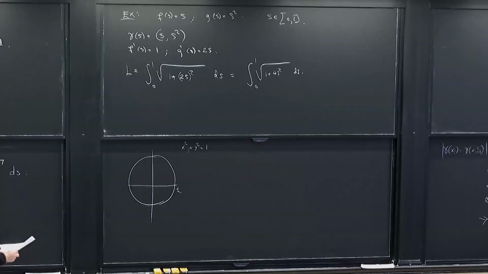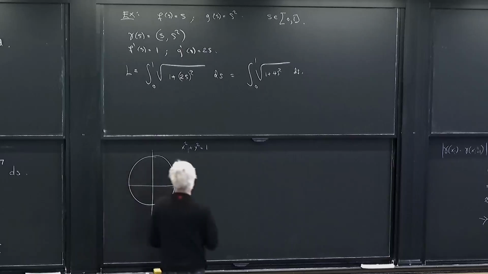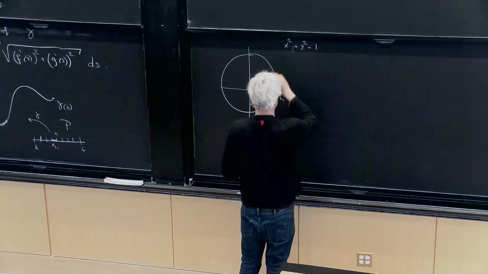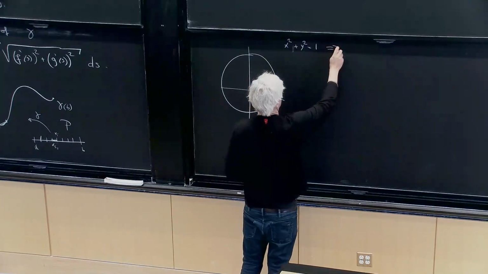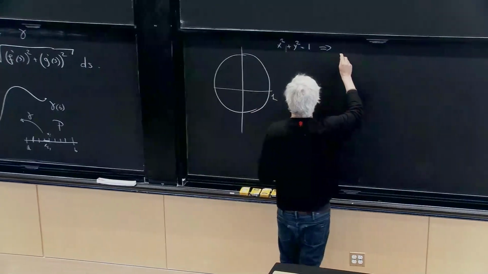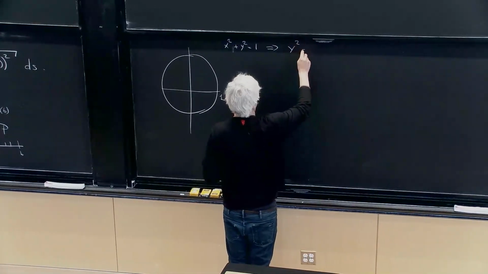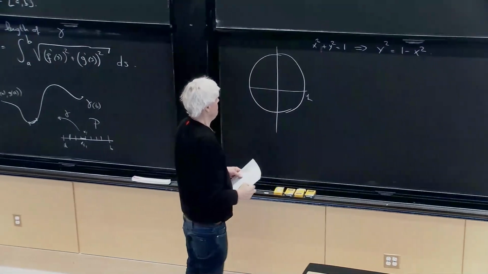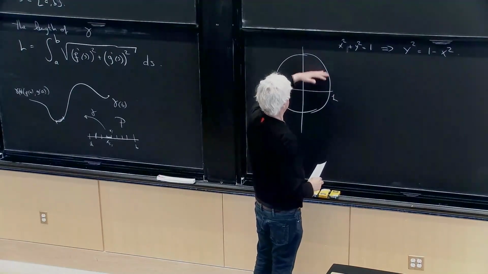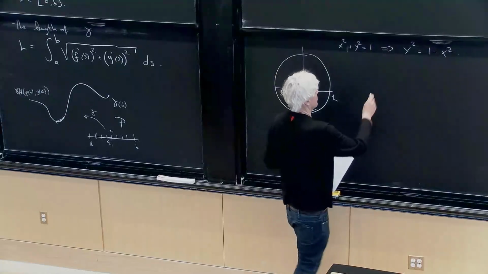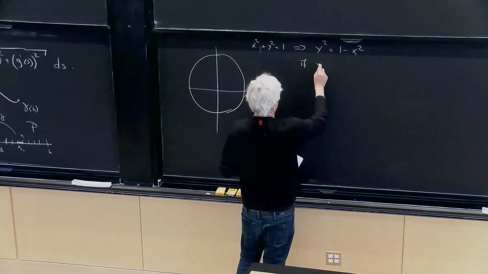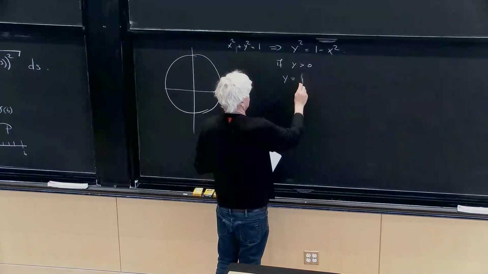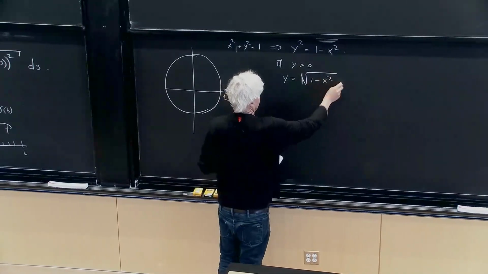Okay. Now this means that if you take a point, then y is given in terms of x, with y squared equal to 1 minus x squared. And if you're assuming that you are in the upper part where y is positive, then you're looking at y equal to the square root of 1 minus x squared.